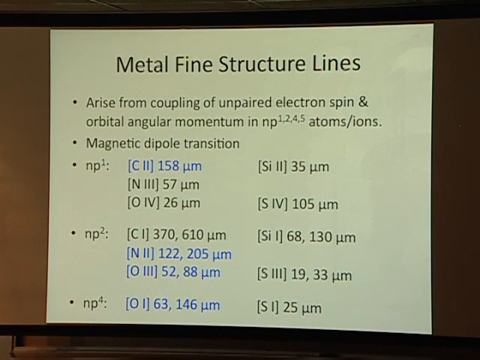They're in approximately the right frequency range, tens to hundreds of microns wavelength. And if this is at redshifts of order 10 or 20, this is actually a good place to be to scatter the CMB.